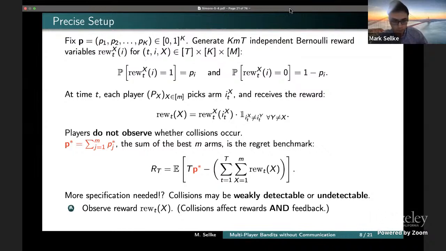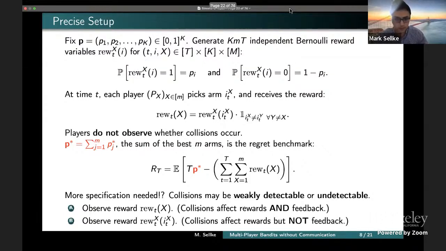So if I collide, I receive 0 reward, and I'm told that I got 0 reward. So the collision affects my feedback. I don't get told why I got 0 reward, I don't get told the collision happened, but I see the 0 reward. But I could also have undetectable collisions. Maybe the collision messes something up further down in the pipeline, and I don't actually see it. I just see the reward I would have gotten otherwise.